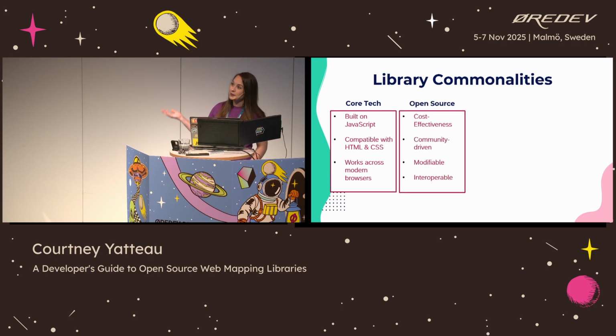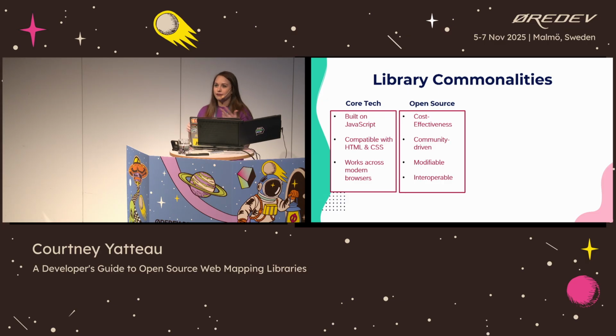Okay, they are all open source. So a few things behind that. Cost effectiveness, right? You've got no licensing fees, budget-friendly prototyping, and resource allocation. You have a huge community. It's very nice. You've got a lot of active contributors for especially these two libraries. Last month was Hacktoberfest.